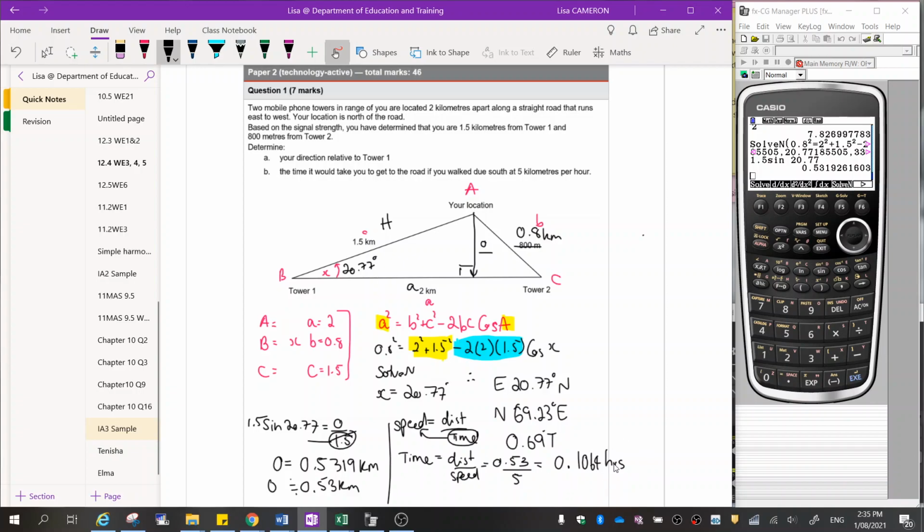If I want to convert this into minutes, I need to times it by 60, which would give me 6.38 minutes. Okay, and if I wanted to convert it to seconds, I'd take that 0.38 and times that by 60, and that would give me my seconds. But most questions won't ask you to be that exact.